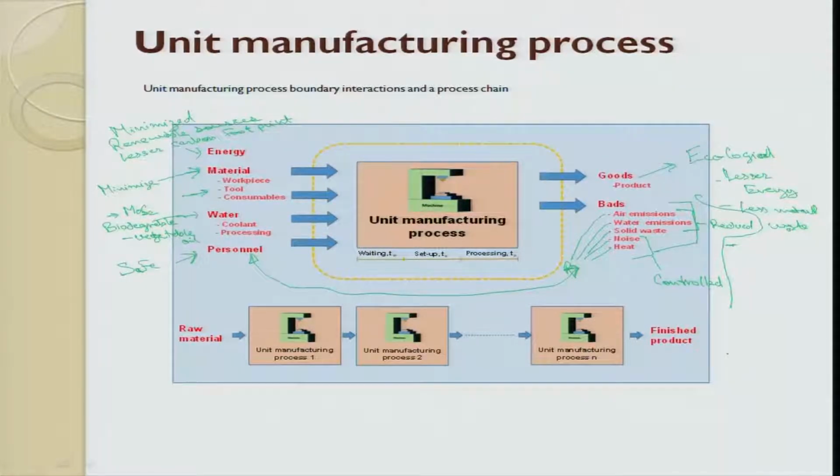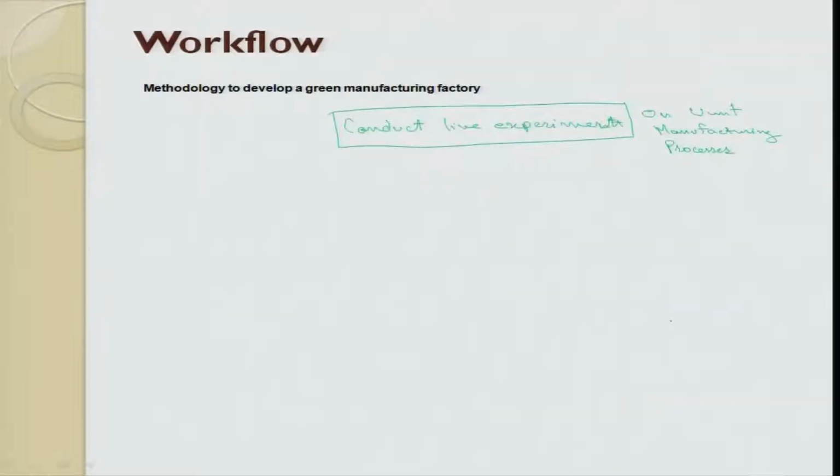Now when these unit processes are connected together, we have a flow line. In this, a raw material is there, process 1, 2, and so on up to process n is done on it, and a finished product is produced. Now these live experiments are conducted on a number of processes here.